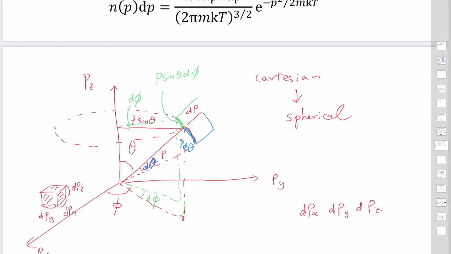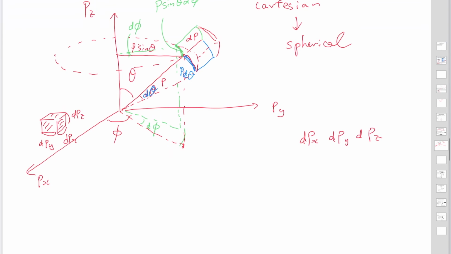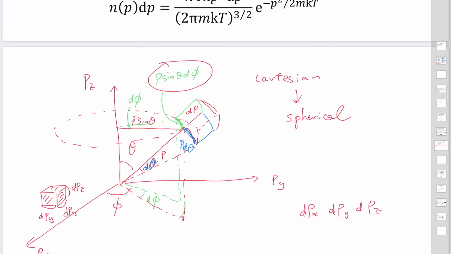So you can find the volume of this small box by multiplying. In the case of dp_x, dp_y, dp_z, you multiply these three lengths.